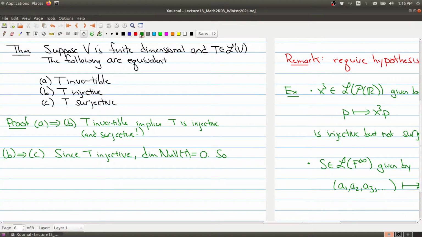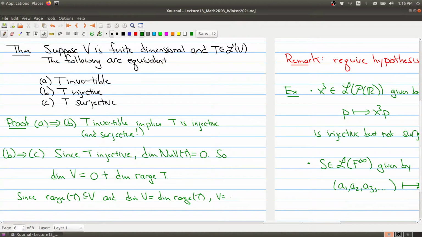If we use the fundamental theorem of linear maps, we know that the dimension of V is equal to 0 plus the dimension of the range of T. Since the range of T is also inside of V because we have an operator, and the dimension of V is equal to the dimension of the range of T, this forces V to be the range of T.